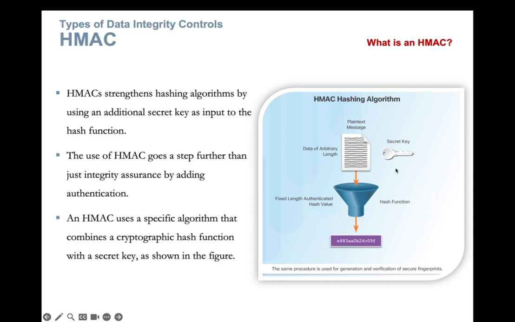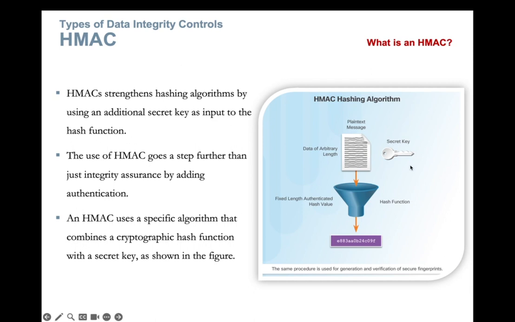This secret key may be the private key or public key. Only the sender and the receiver know the secret key, and the output of the hash function now depends on the input data and the secret key.